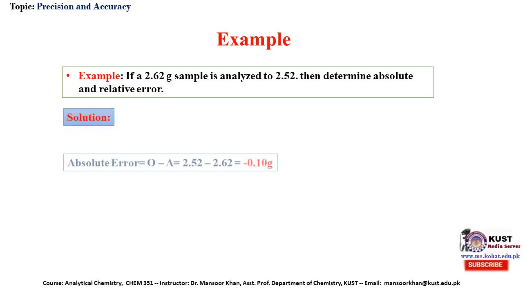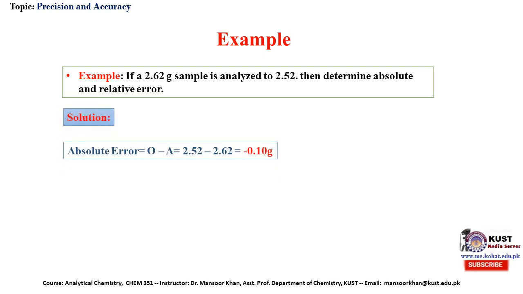Solution. As we know, absolute error is equal to the difference between the observed value and the true value. So putting in the values, the observed value is 2.52 minus the accepted value, which is 2.62, and the result is minus 0.10 gram.